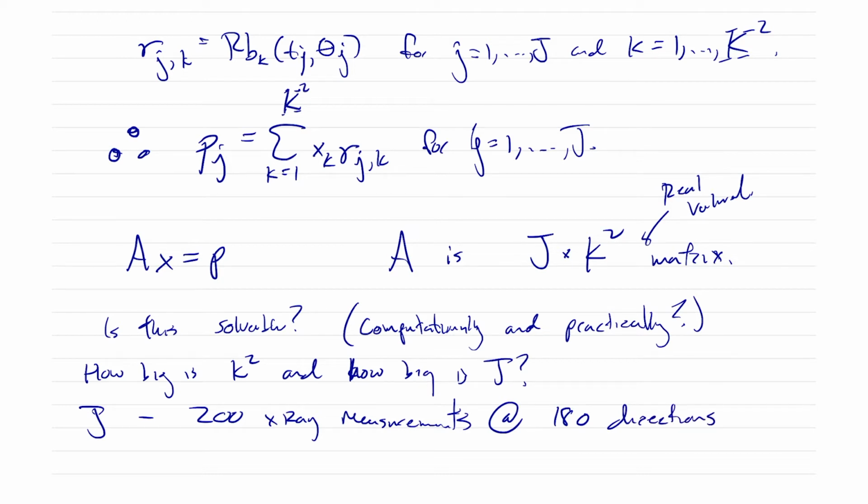And so j ends up being 36,000 roughly. Well, let's not put the k so we don't get confused. So j is 36,000 in size. And so then everything really comes down to k.